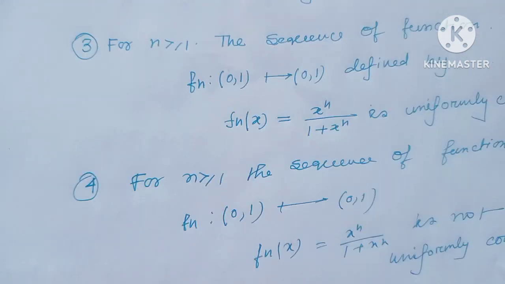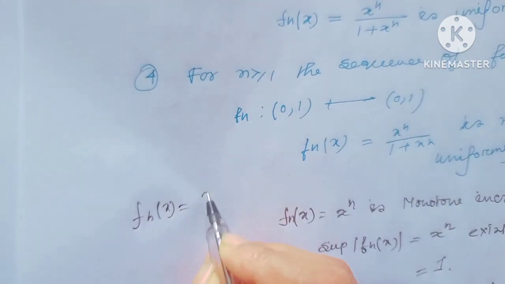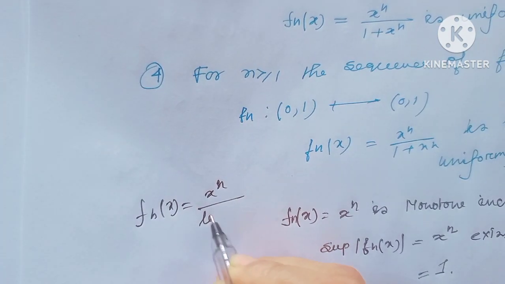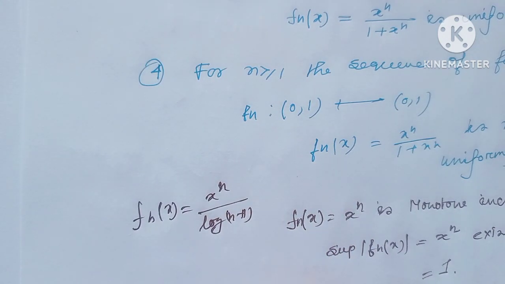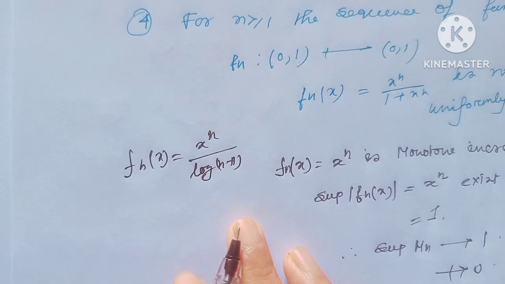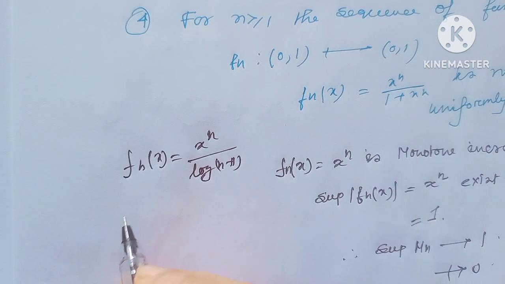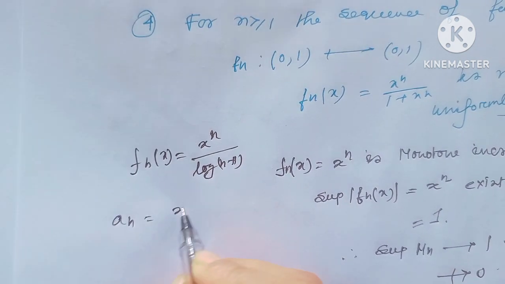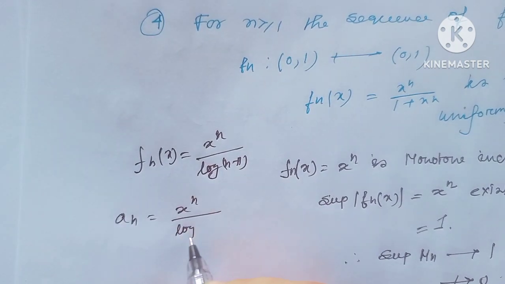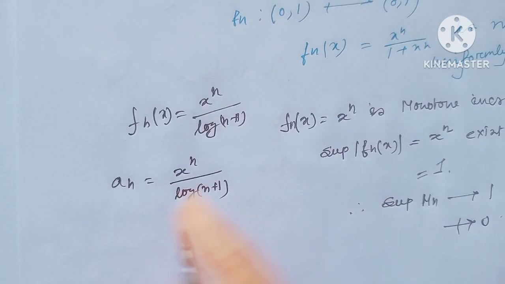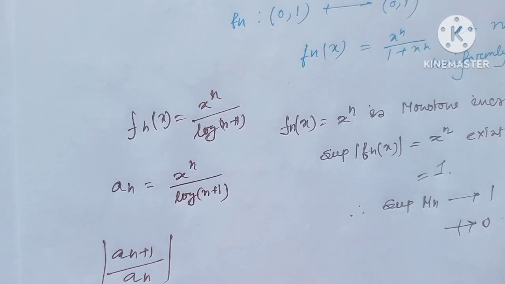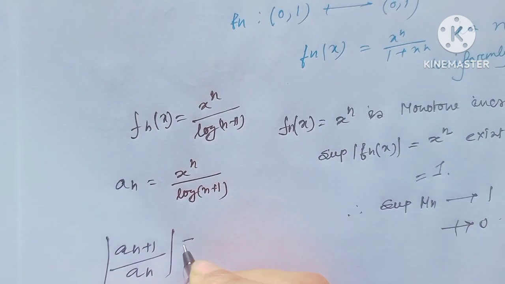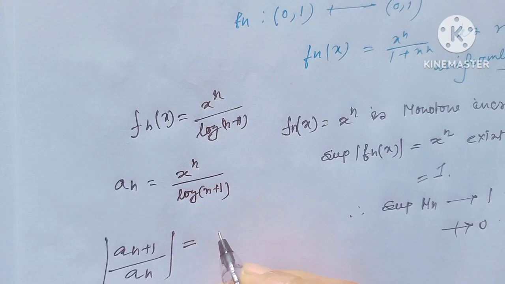Here fn(x) equals x to the power n over log(n+1). Let an equal x to the power n over log(n+1). Apply the ratio test: a(n+1) over an.